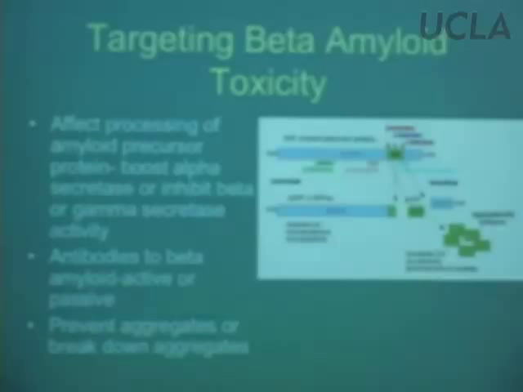And there are a couple of ways: these secretases are enzymes that cleave it up, and there are a few different kinds. There are beta secretase, and gamma secretase, and alpha secretase. And they all cut up the amyloid precursor protein.